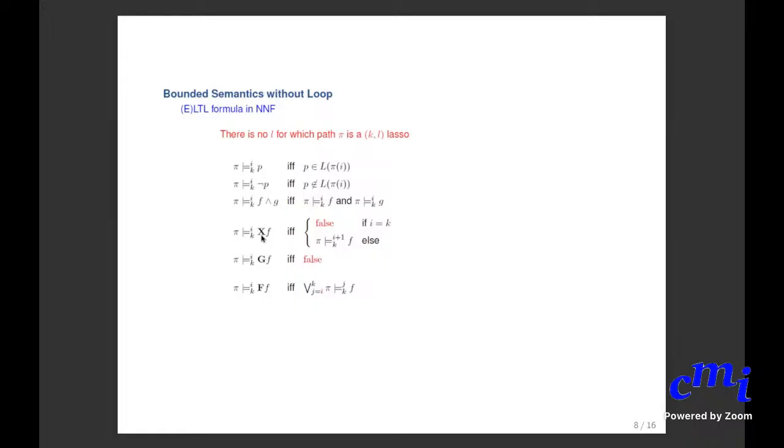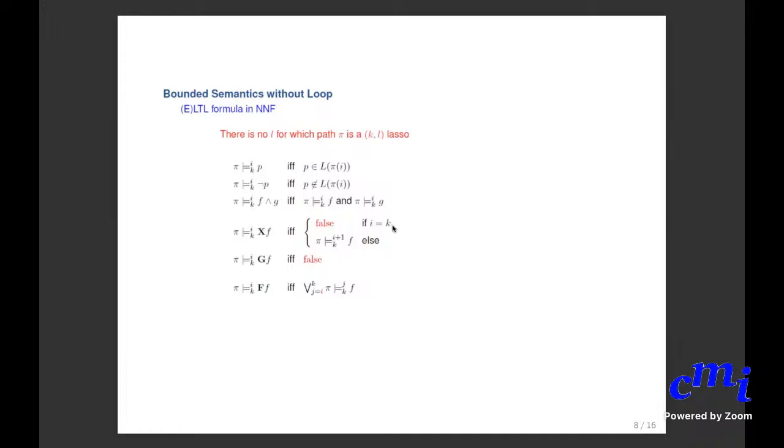Let's look at the temporal case. The question is, if it is X of f, if you're at the end of the k-long prefix, since there is no lasso, you don't know what the next state is, because X of f is true only if f is true of the next state, starting from the prefix that goes from I to k.